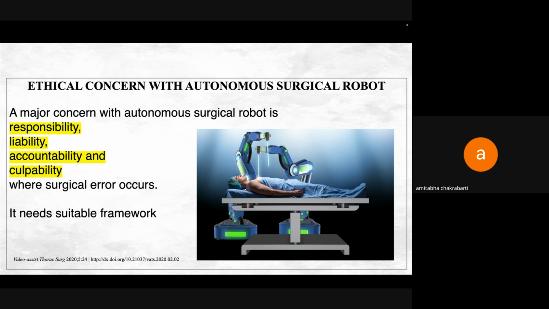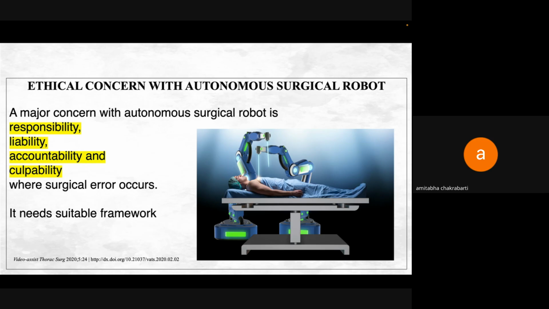So liability and responsibility are different. What is accountability? Accountability is the obligation to be answerable for the result of the task. You are accountable, meaning your obligation is to be answerable. And what is culpability?